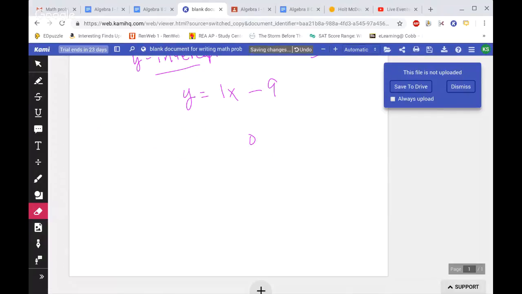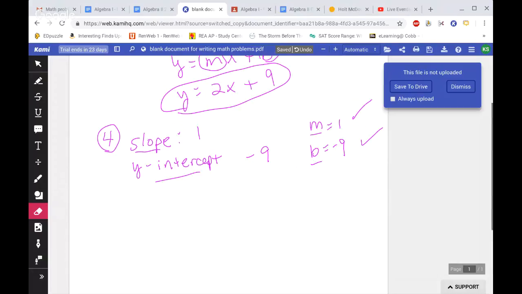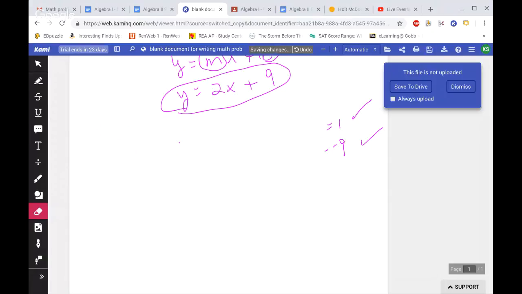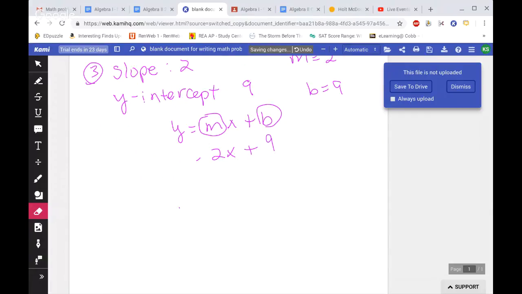The slope is the change in y over the change in x, and the y-intercept is where the line crosses the y-axis. You should be able to recognize those when you see them. That's why these should really not take you that long at all.